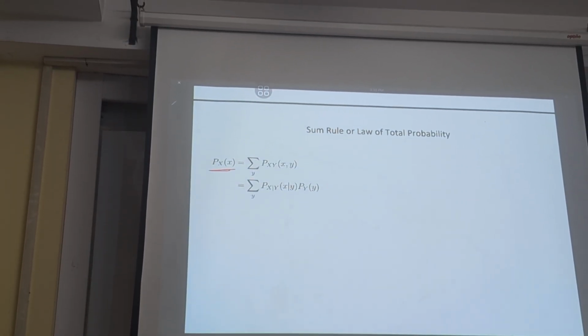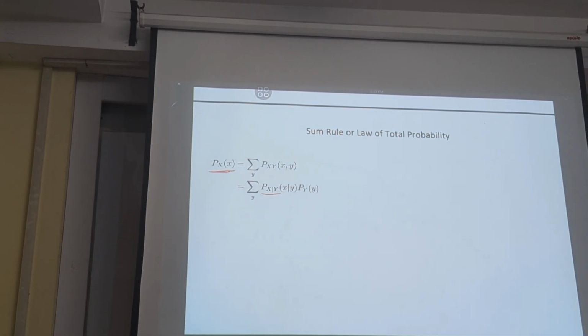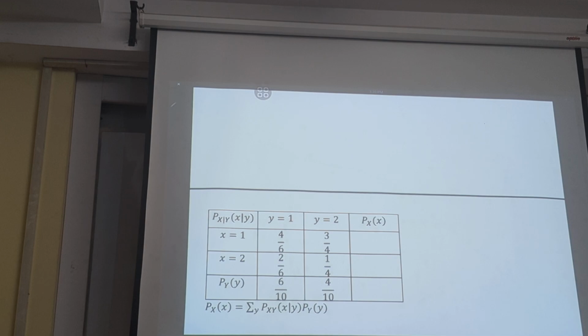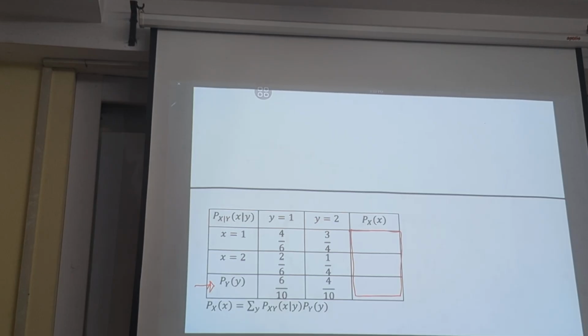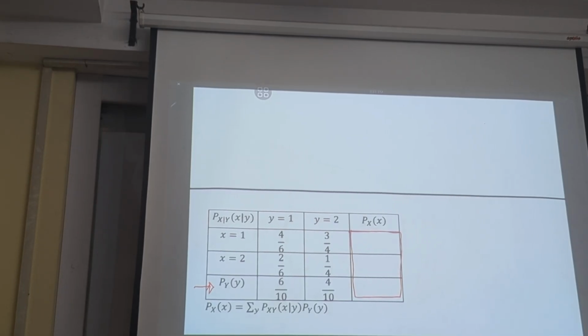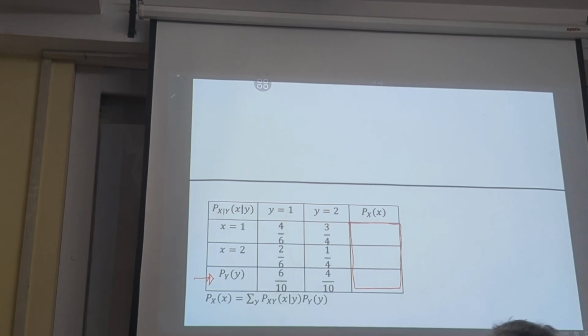The marginal PMF of X can be calculated from the conditional PMF of X given Y multiplied by the marginal PMF of Y, for all values of Y. If the conditional PMF of X is given and the marginal PMF of Y is given, can we calculate this? Do it. And what is the formula?